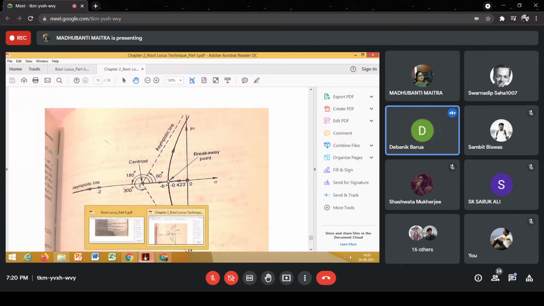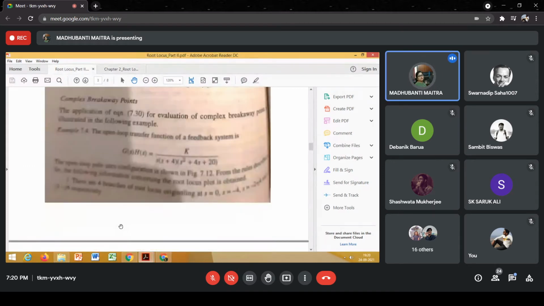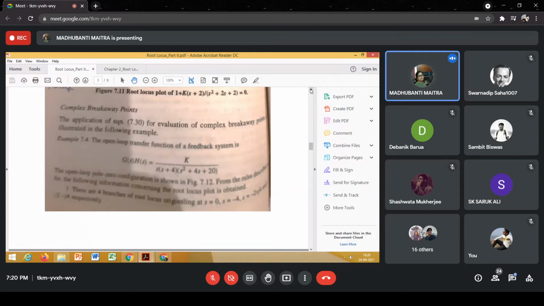Yes, ma'am. So we can generalize this, and the rule is like this: if r number of root branches approach each other and meet at a point, which is a breakaway point, then the breakaway direction will be given by plus minus 180 degrees by r, and at that particular point, the root of the characteristic equation will have an order of multiplicity equal to r.